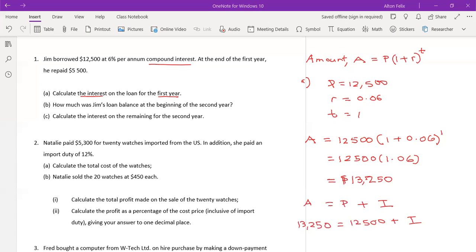Right, so the interest is 750. Let's write in that 750. I equals 750. Right, so that will take care of part A. All right, so let's clear the board a bit.